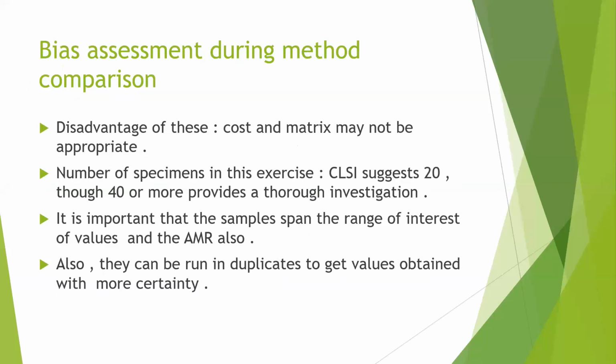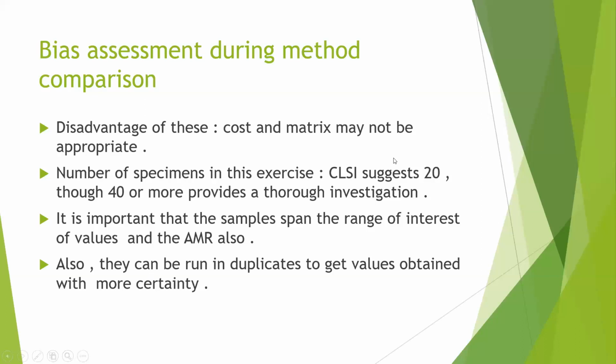A common question people want to know is how many specimens we should take in this exercise. CLSI has suggested a minimum of 20 samples for this bias assessment and method comparison. Although 40 or more samples is ideal to provide a thorough investigation, 20 is also adequate. What is important is that the samples should span the AMR, the analytical measurement range, or the range of interest of the values.